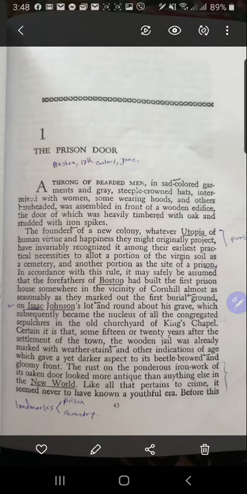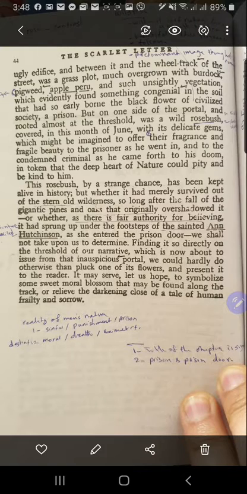So when The Scarlet Letter opens, we open our eyes in front of a prison with some people gathering in front of that place to witness something to happen. That is, there is something to happen in the next chapter.